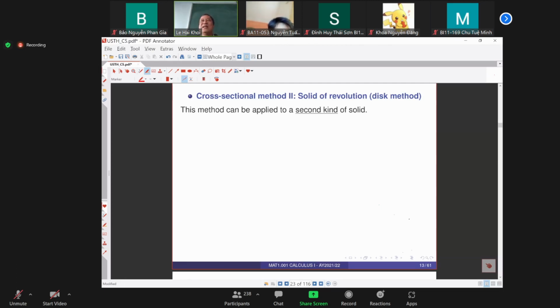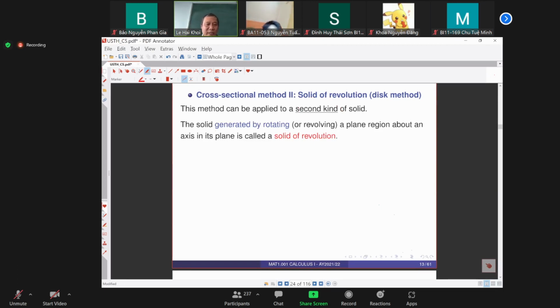So that's the reason usually in practice, you more or less know how to find the area of the cross section. There are two cases, in this solid of revolution, using this method or using the washer method. In a particular case, we have the so-called second kind of solid. What is that? What is that?